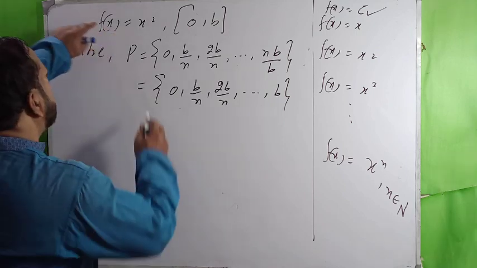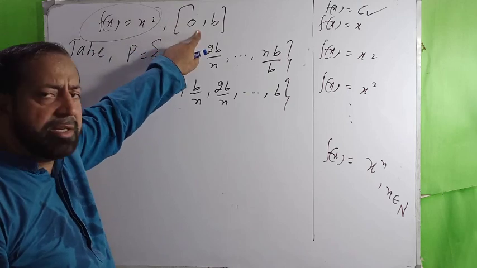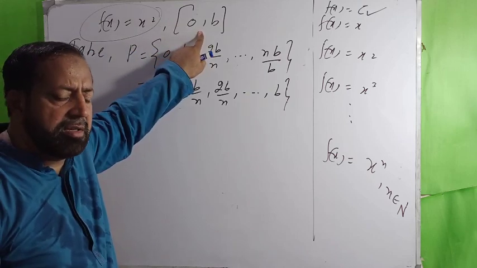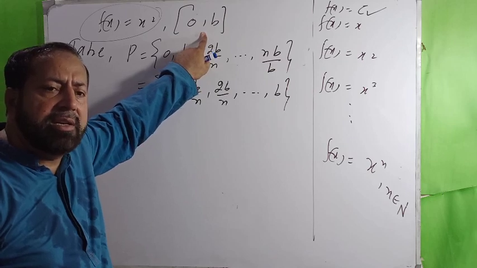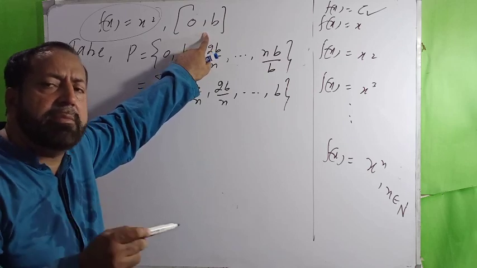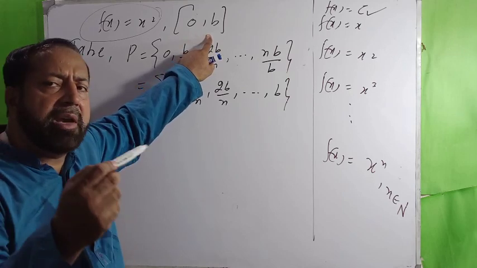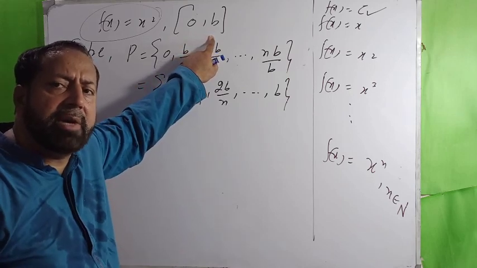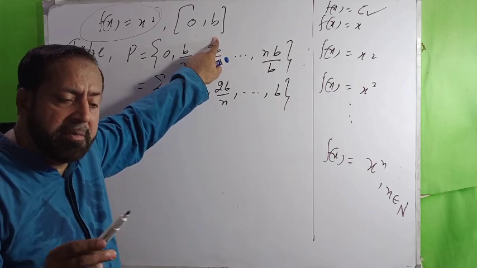Okay, one thing is also notable, that this function is increasing on this interval 0 to b. That's why on every subinterval, you are getting the maximum value at the ending point, and the infimum value at the first point.